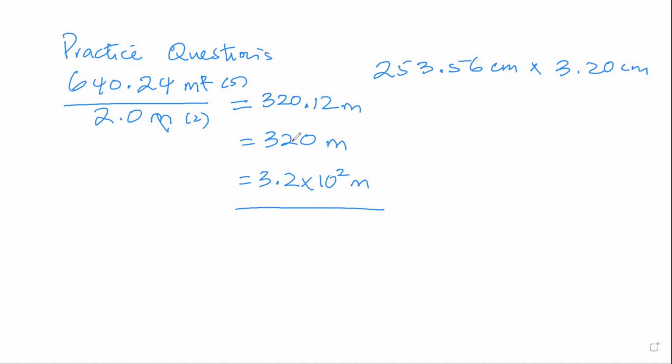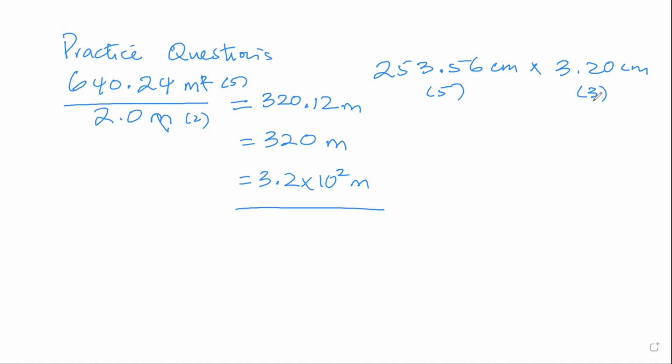Then the other one, we are multiplying 253.56. We can check the number of significant figures here. This is 5. This is 3. So we have 253.56 times 3.20.